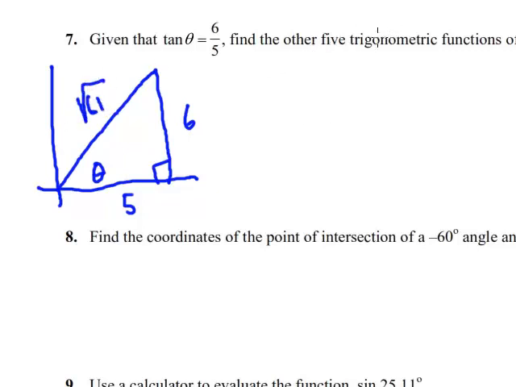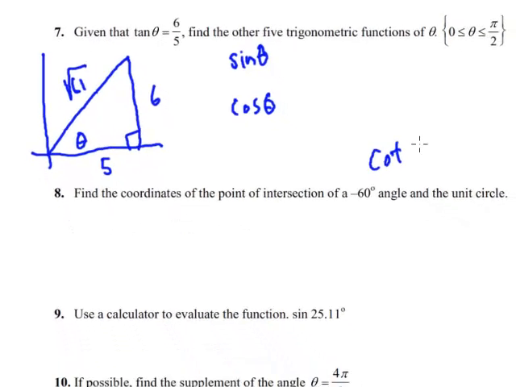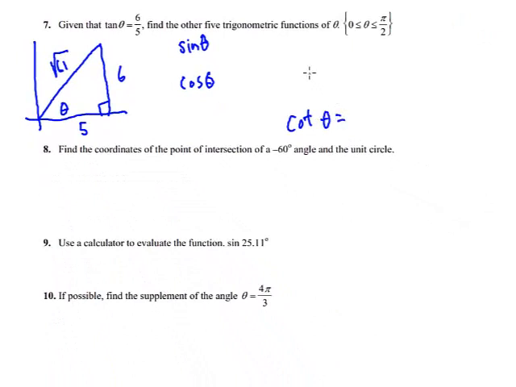So the other 5 trig functions, they gave you tangent already, so we need sine, cosine, and then the reciprocal of those, secant and cosecant. And we already know that tangent is 6 over 5, so cotangent has to be 5 over 6.